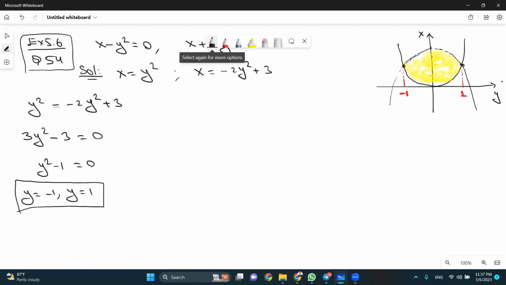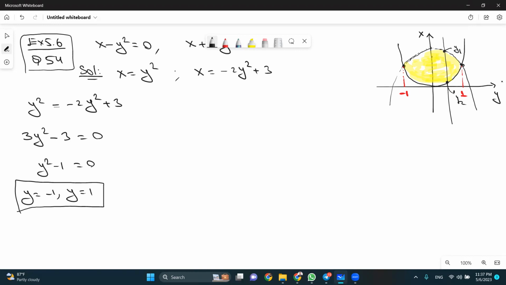Now, to do this one, how do I know which function to subtract from which? If you draw a line parallel to the x-axis here, it enters the region here and exits the region here, right? Suppose this point is y1 and this point is y2.